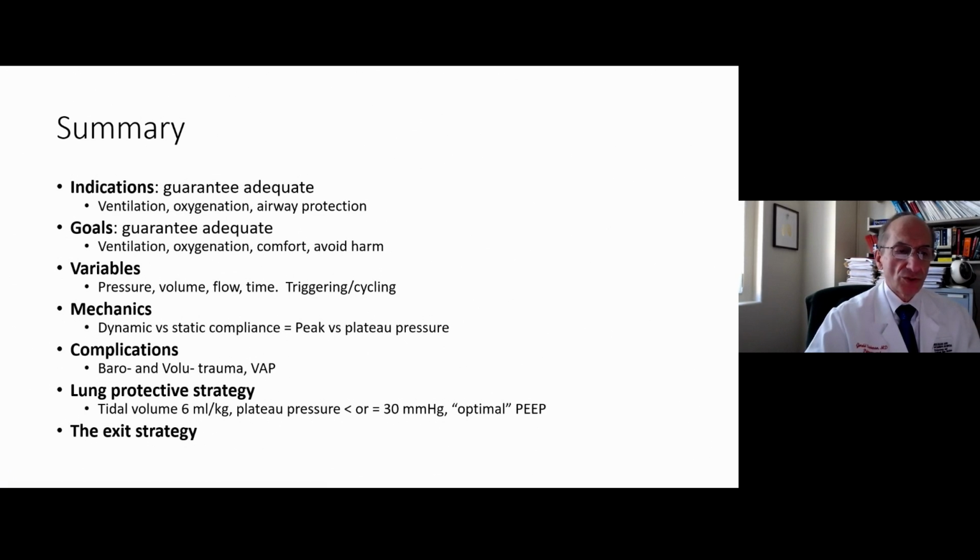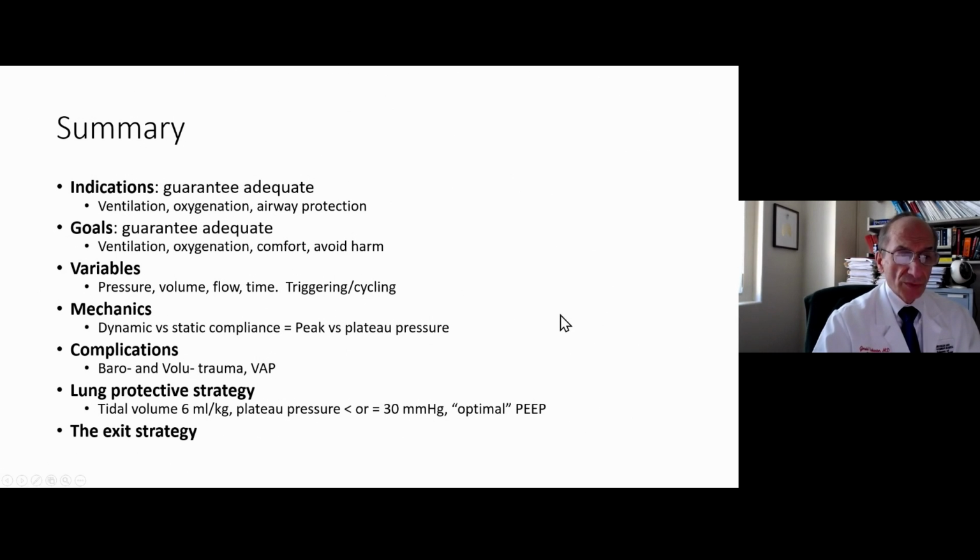So in summary, real quickly, the indications for mechanical ventilation are really just ventilation, adequate minute ventilation and management of PCO2 and pH, adequate oxygenation, and adequate airway protection. Our goals are to guarantee adequate ventilation and oxygenation, and to manage patients' comfort, of course, and minimize harm. We don't want to contribute to patients' lung injury, but if we don't manage their ventilator well, we absolutely can do that.